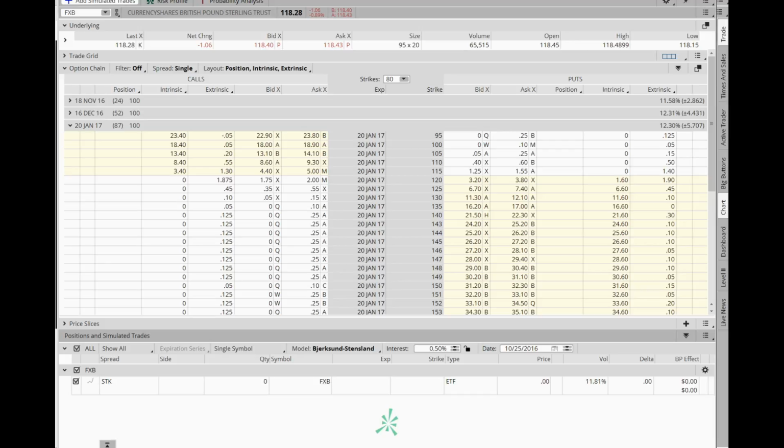If you trade forex, spot forex, the price for pound USD will be different. If you trade FXB now, this is what you can see here, currency pound sterling trust, the price will be different. Why is it all different? Because each underlying, like futures, futures is forward looking British pound currencies.